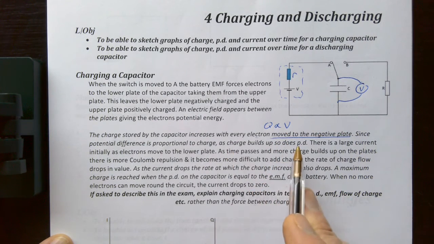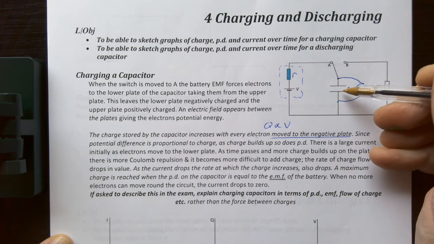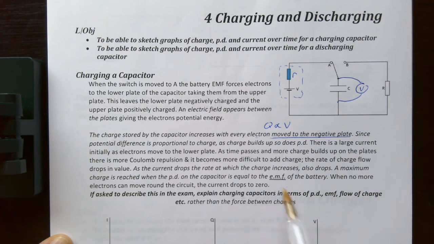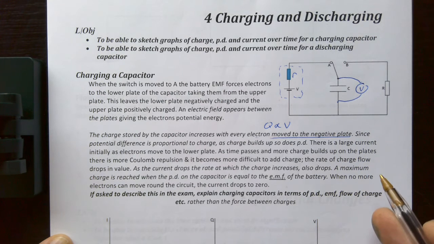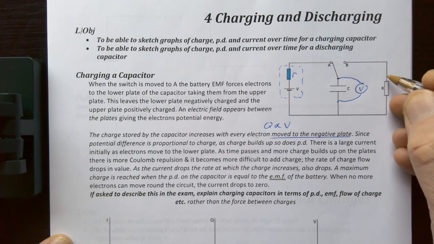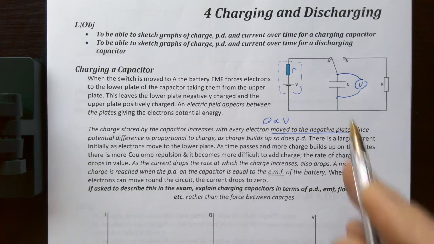So as the charge builds up, so does the PD. So by measuring voltage, we can tell what's happening inside. We can infer what's happening inside, but we can't see it. Okay, but we can talk about the rate of flow of charge because we can talk about current. We can talk about current flowing through the resistor, so you could measure voltage there as well. Okay, so you could do that. It doesn't really matter too much.